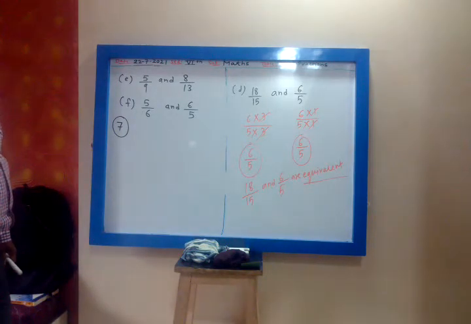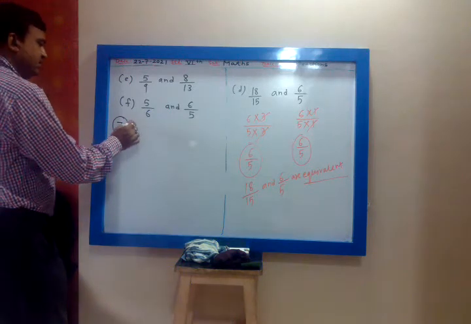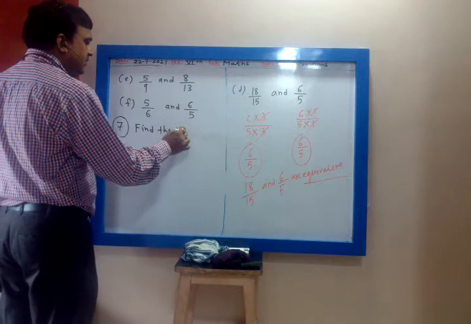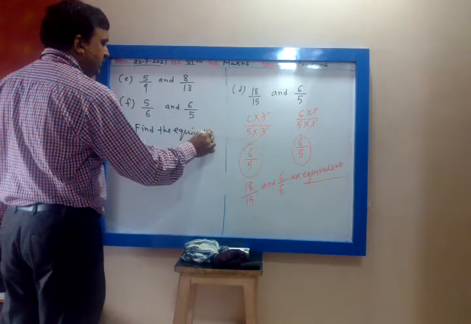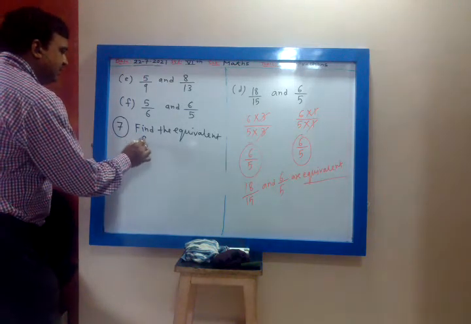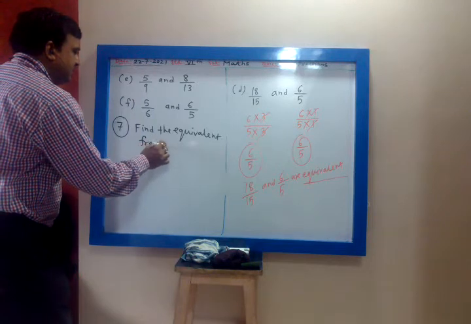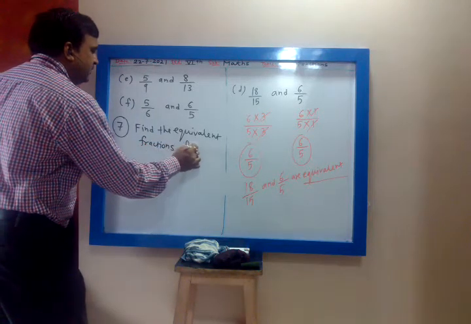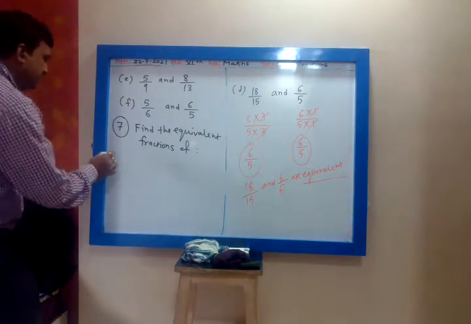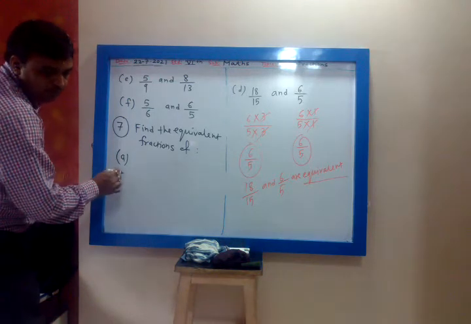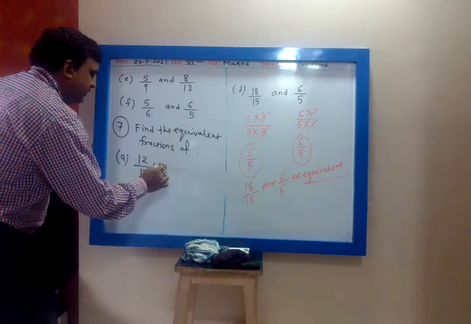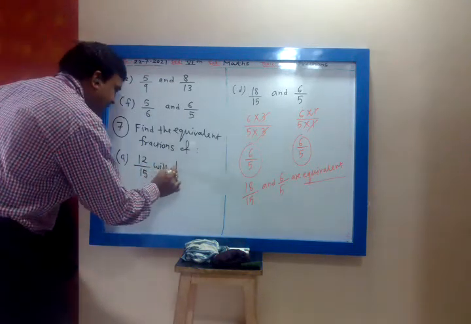Seventh one. Find the equivalent fractions of first, 12 upon 15 with denominator 5.